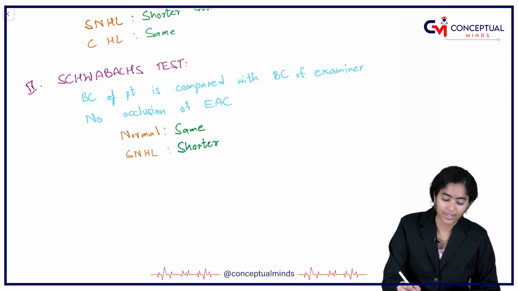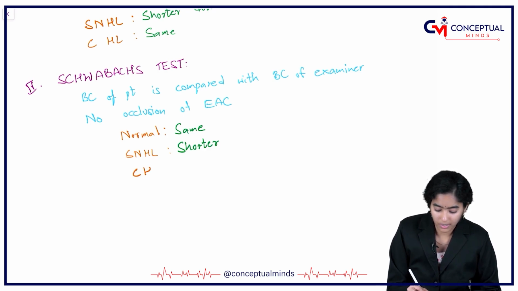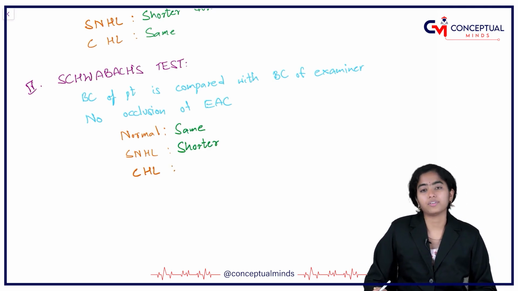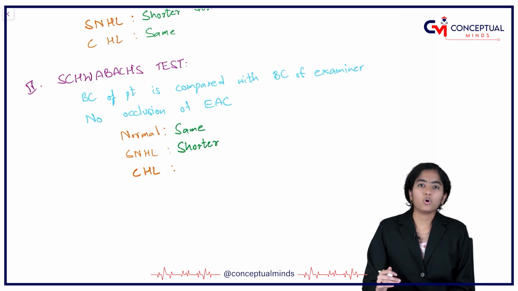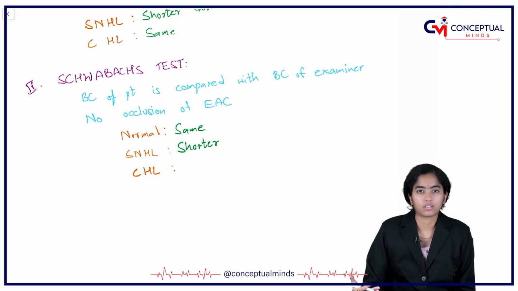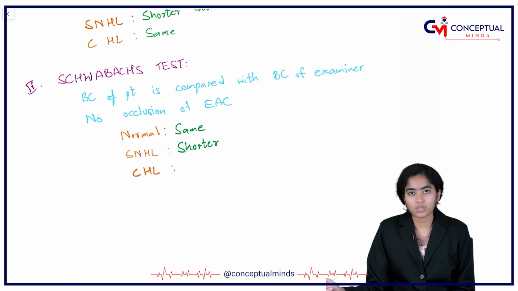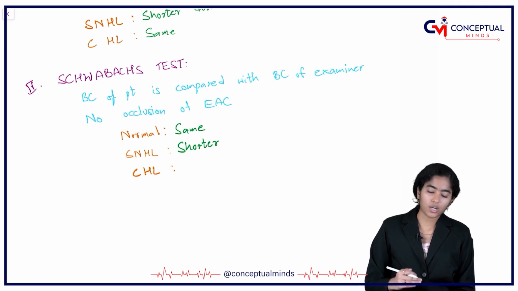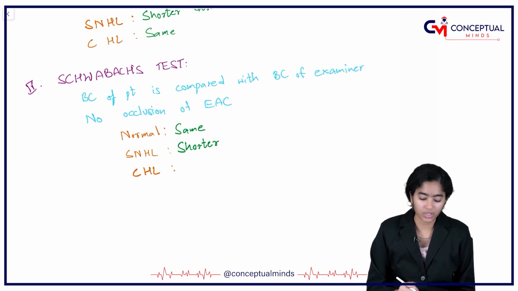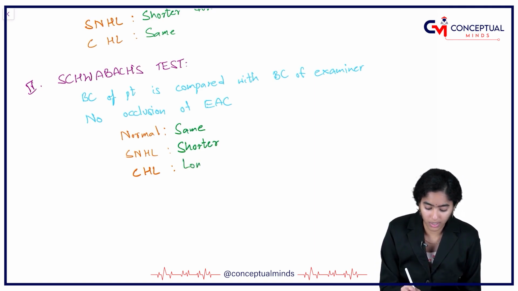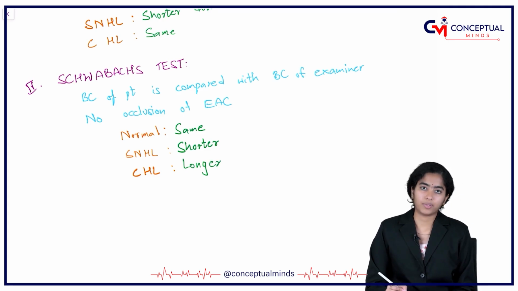Now, the difference between absolute bone conduction test and Schwabach comes when the patient is having conductive type of hearing loss. When he is having conductive type of hearing loss, his bone conduction becomes better than air conduction. While for the examiner, air conduction is better than bone conduction because examiner is normal. So when his bone conduction is better than air conduction, the patient hears it for a longer time than examiner.